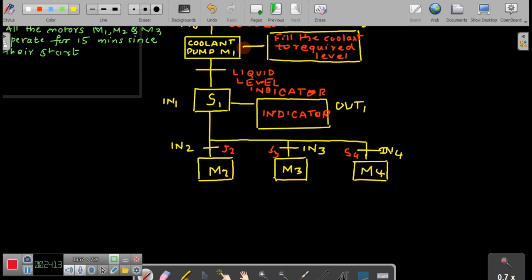Now here these are the outputs. What we can write as out 2, out 3, and out 4 here.